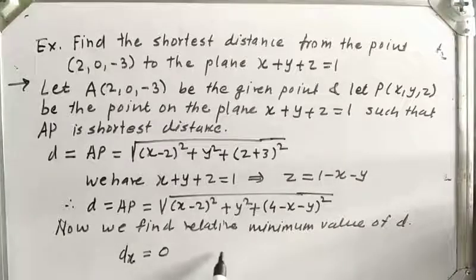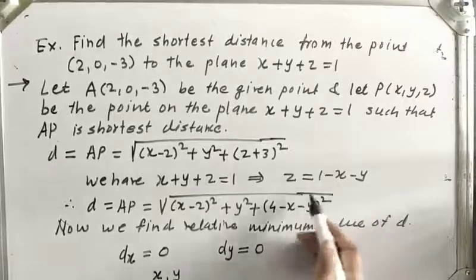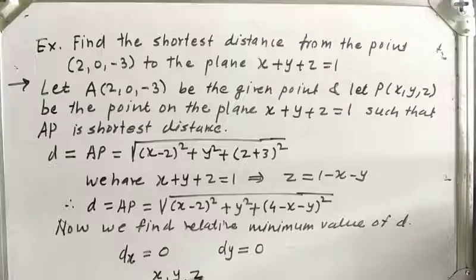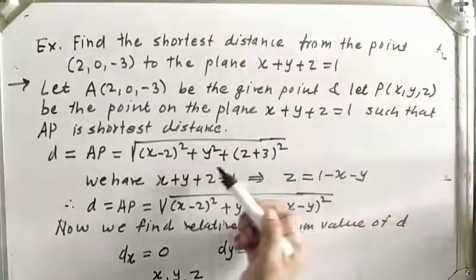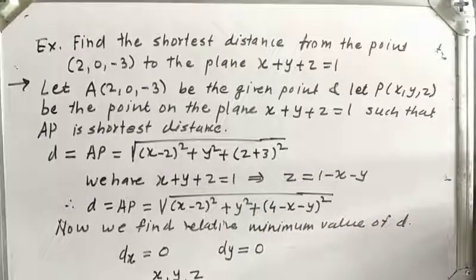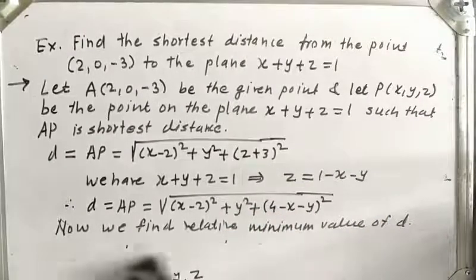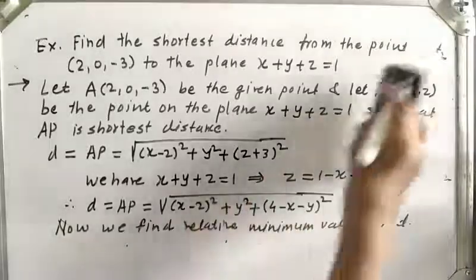Then we will find the partial derivative of D with respect to y and equate it to 0. From this we get the points x and y. Using x and y we can find the value of D, and the values of x, y and z are nothing but our point. So using that we can find the distance. So now let us find Dx. This is our D.